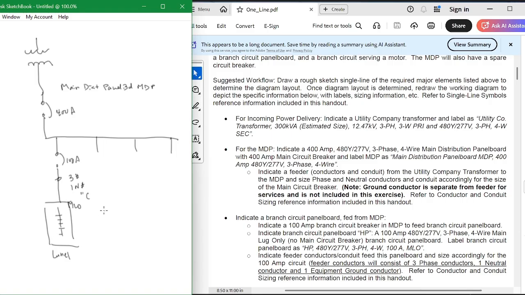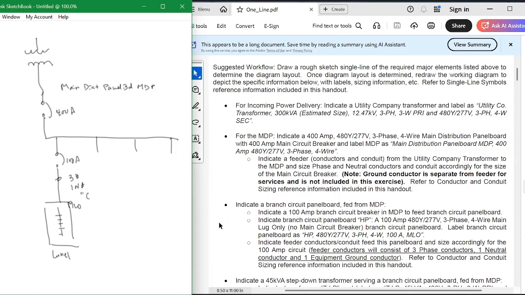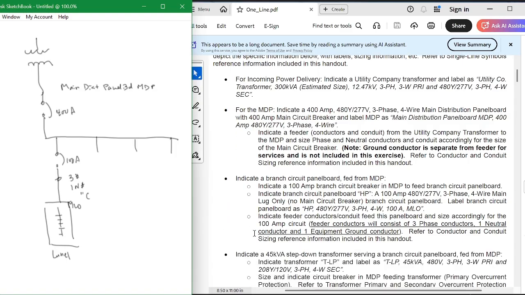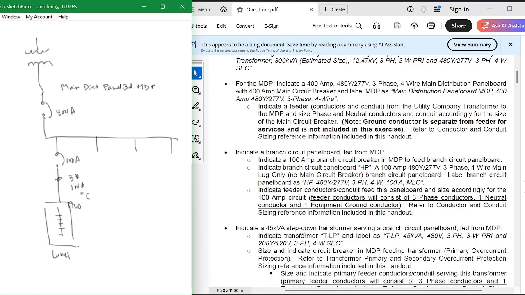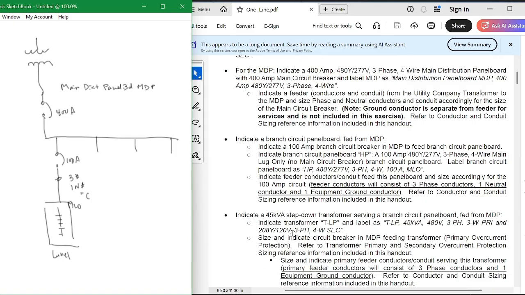Good. And then the other three branches are going to be listed right here. One of them is a 45 kVA step-down transformer. So this one is a 70 amp.